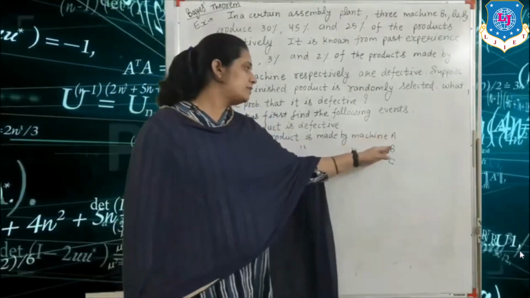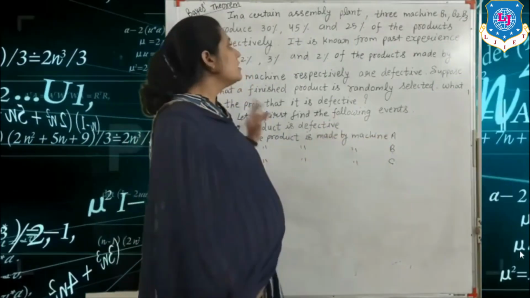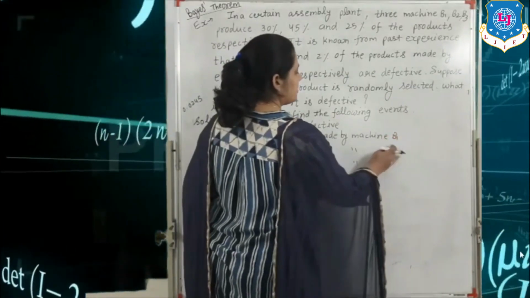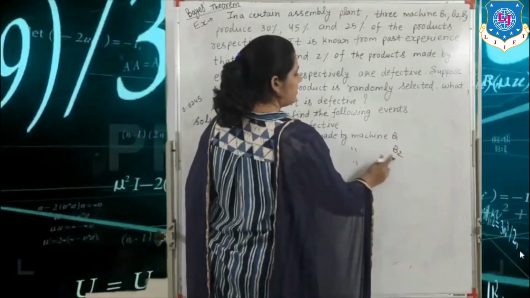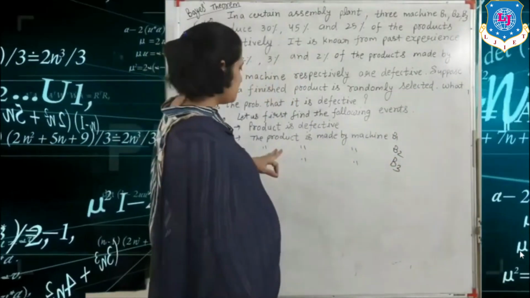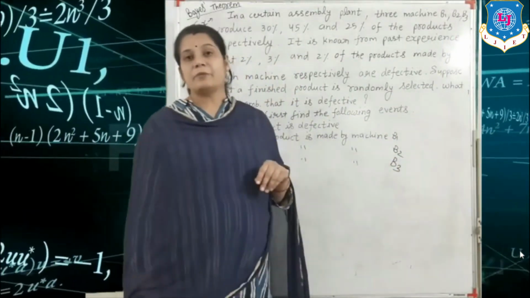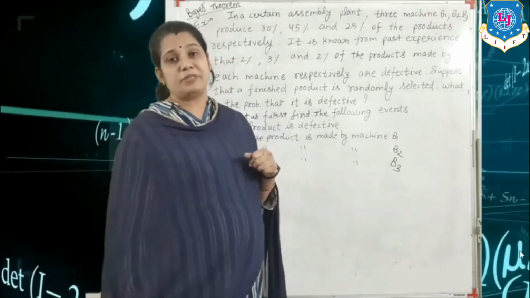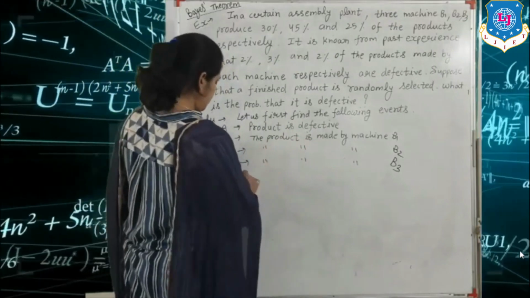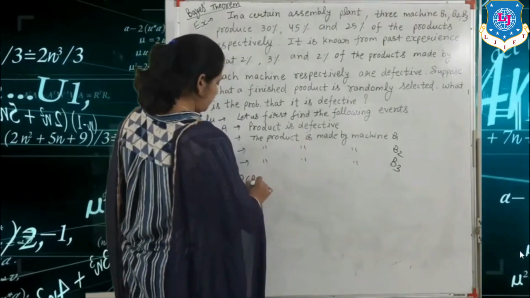You write here B1, B2, B3, because these three machines are B1, B2 and B3. Got it? So the product is made by machine B1, by machine B2 and by machine B3.